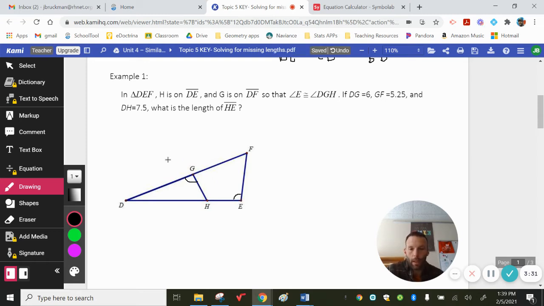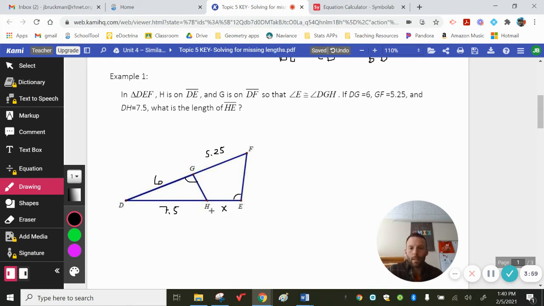It doesn't tell you what kind of transformation has occurred, but I know that the length of side DG from point D to G is 6, and from G to F is 5.25, and the length from D to H is 7.5. Now I want to find the length from H to E. So I'm going to call that length X for right now.